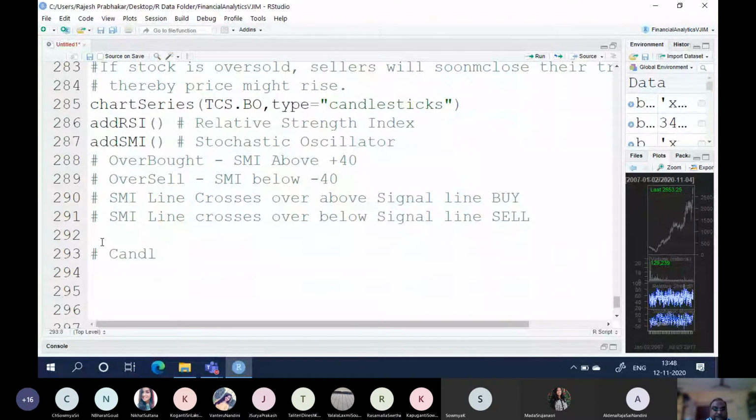Candlestick chart with stochastic oscillator for ITC. Do it, ITC. And tell me what you observe.